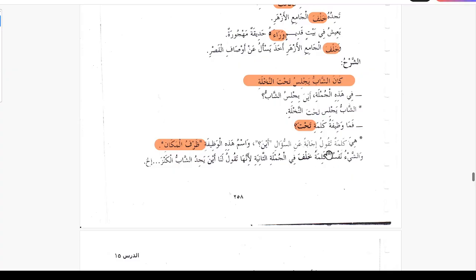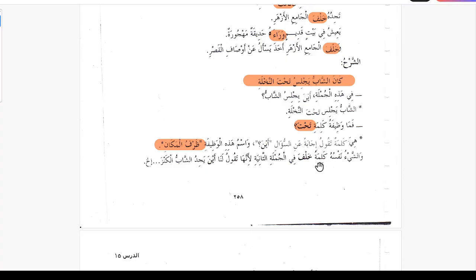Hiya kalimatun tukulu ijabatan anaswali, this is the word that tells the answer of the question aina, where. Wasmu hazihil wazifati, and the name of this function is zarfu makan, adverb of place, sorry.